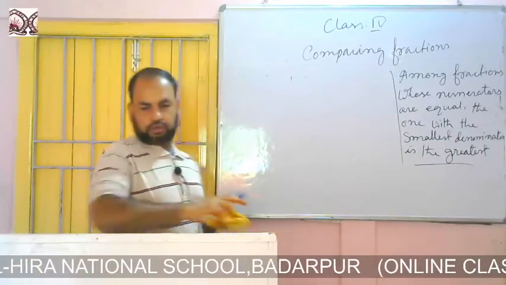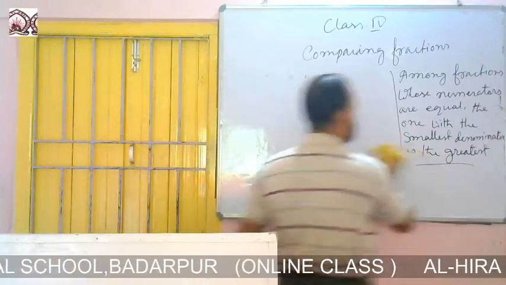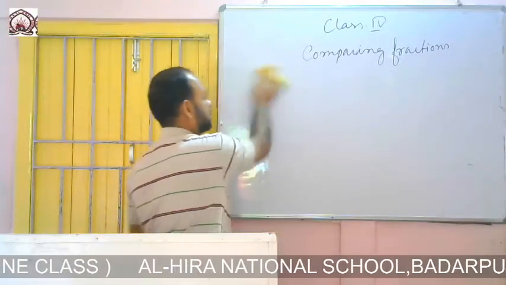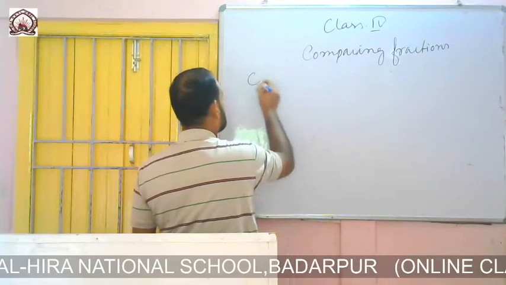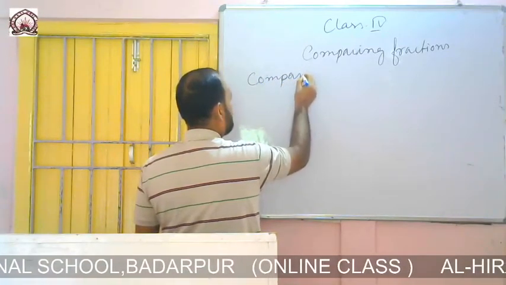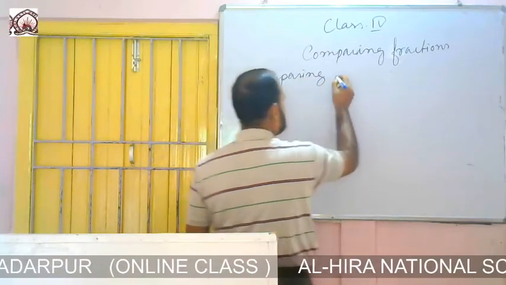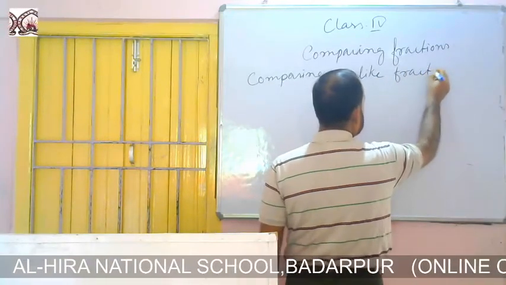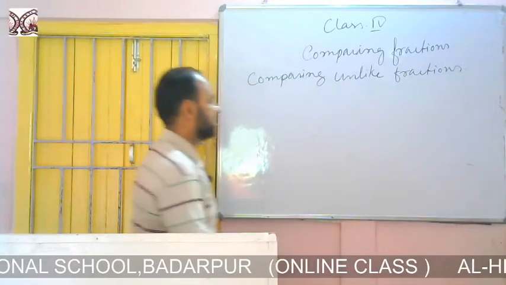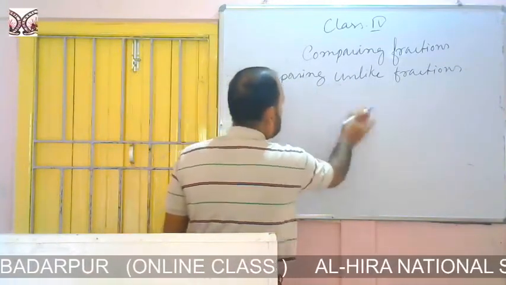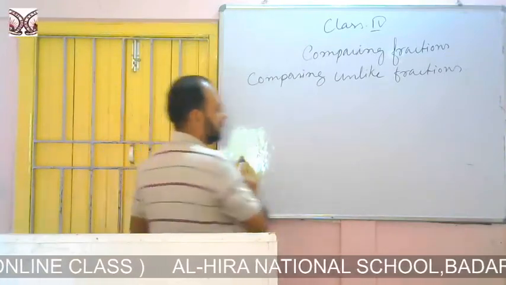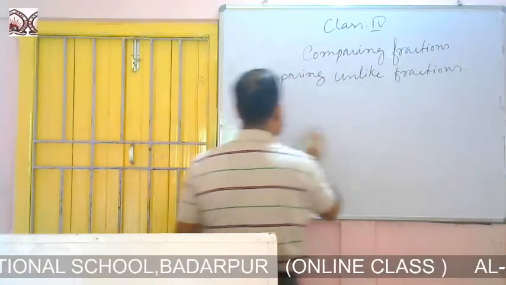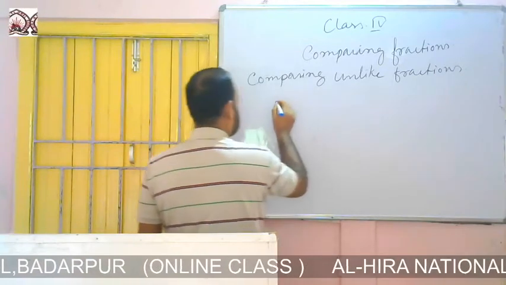Next, comparing unlike fractions. While comparing unlike fractions, we can work it out in two ways.